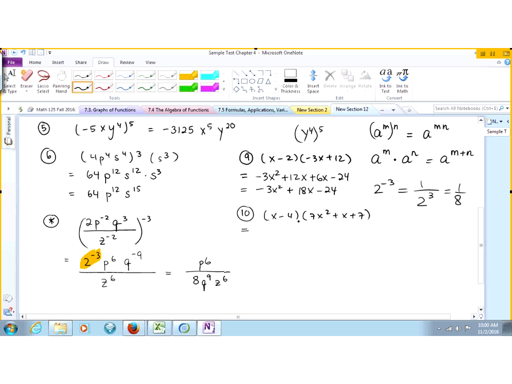So should we use the distributive property, or do we want to do vertical? Okay, so distribute. I'm distributing the shorter one, which is x times 7x squared plus x plus 7, and then negative 4 times 7x squared plus x plus 7. I think this is simple, isn't it?